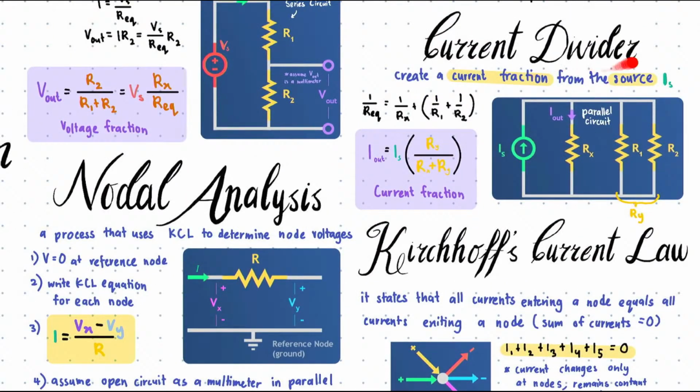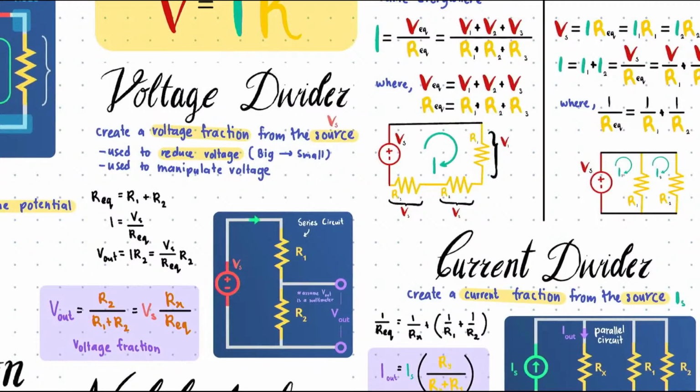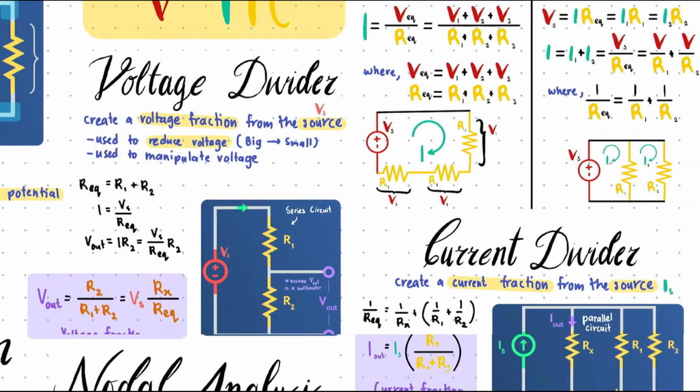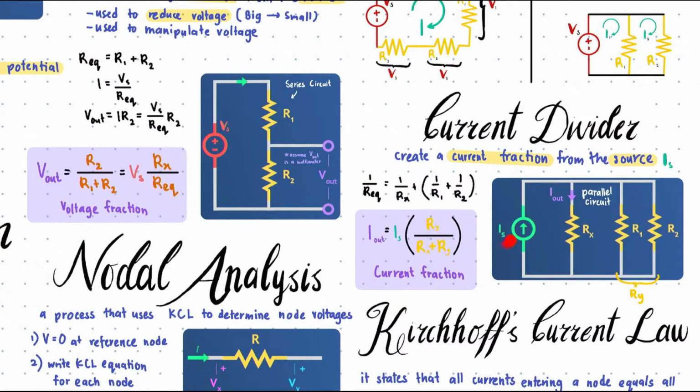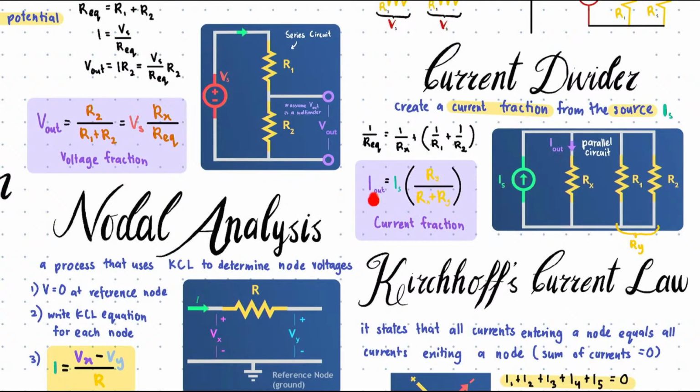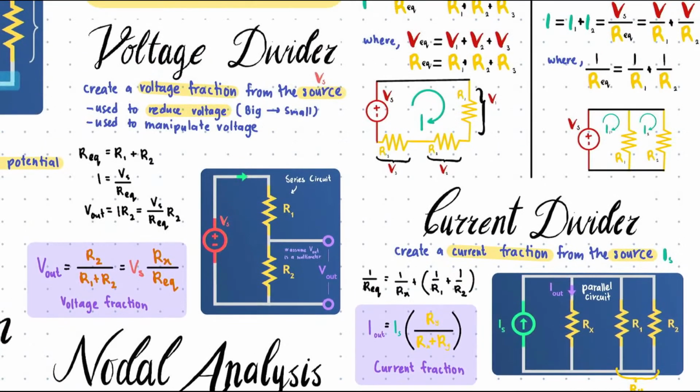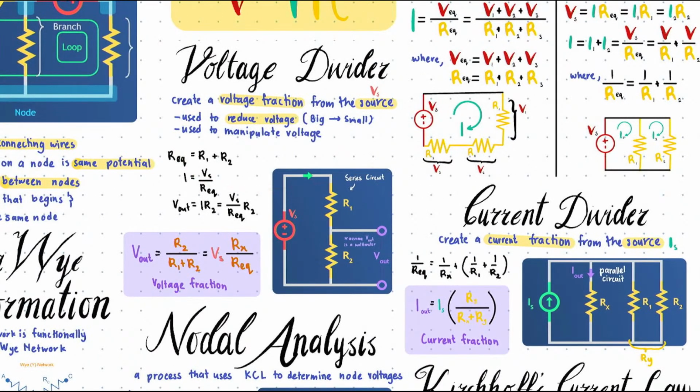So for current divider, is to create a current fraction from source. So a voltage divider divides voltage, and a current divider divides current. So that makes sense, right? So this is the equation for the current fraction. As you can see, usually the voltage divider uses a series circuit, originates from a series circuit.